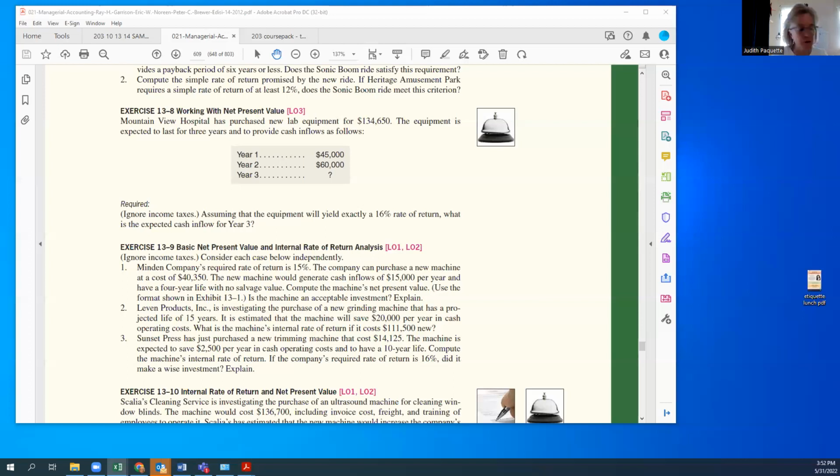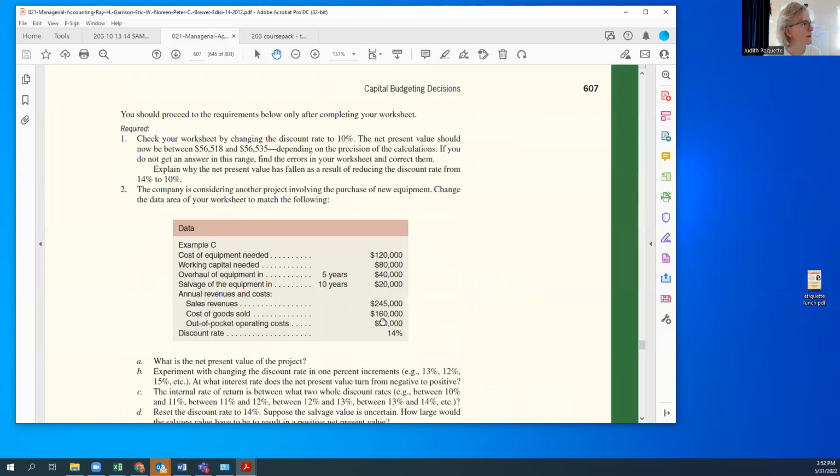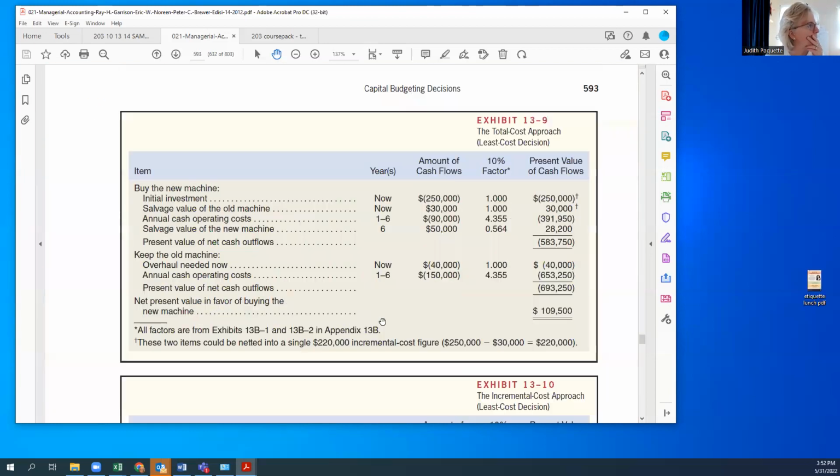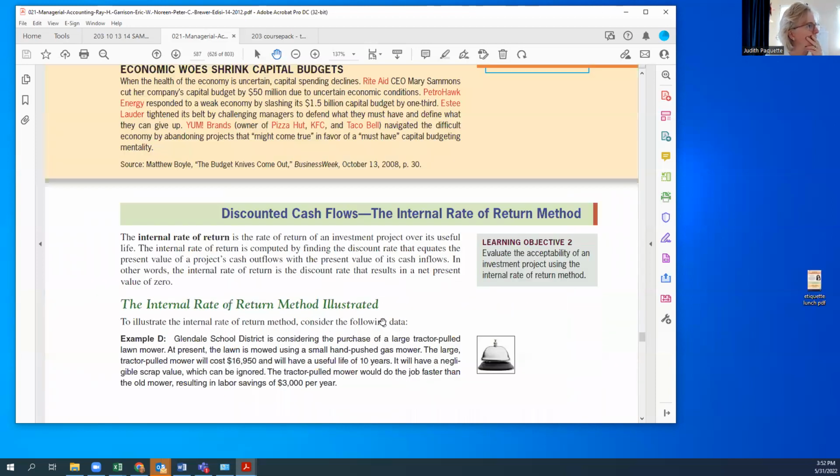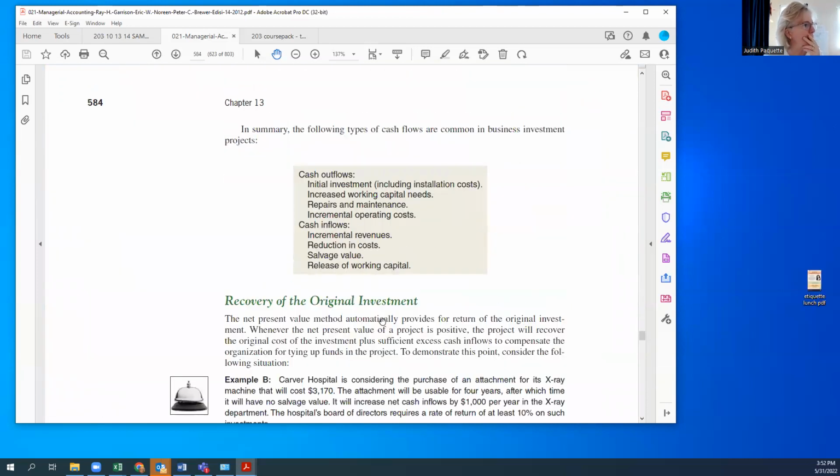And by the way, I will give you tables on the exam. So what are the factors for 16%? No, you can't look that up because I didn't give that to you. Let's see if we can get that from the book. What pages would that be on in your book? Does anybody have their book open?